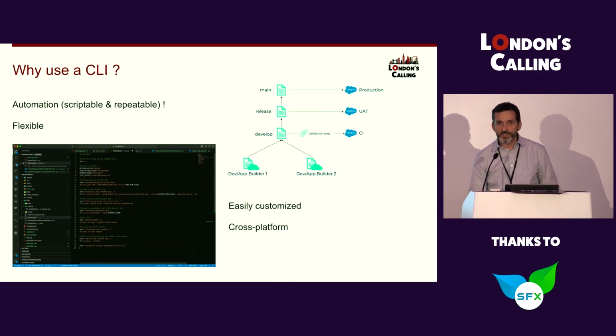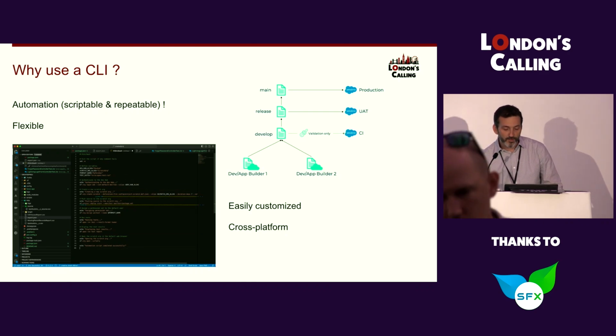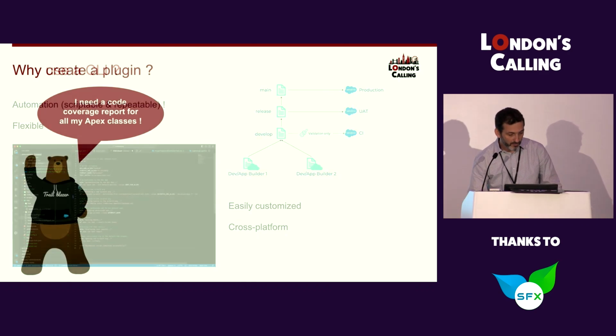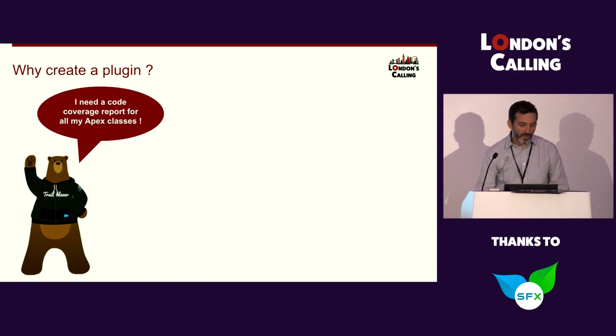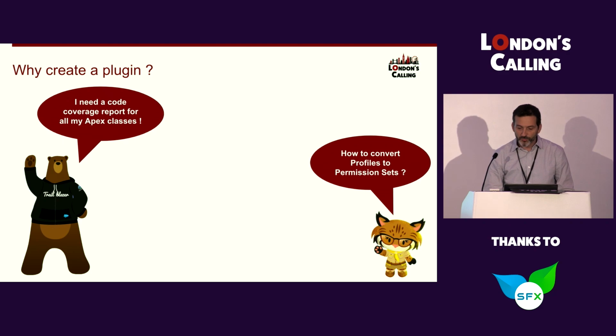But in some cases, we require some more complex operations, and often the solution may be to create an extension called a plugin. Let's explore some use cases where the creation of a plugin may be useful. For example, to create an Apex code coverage for our classes, or to convert profiles to permission sets.